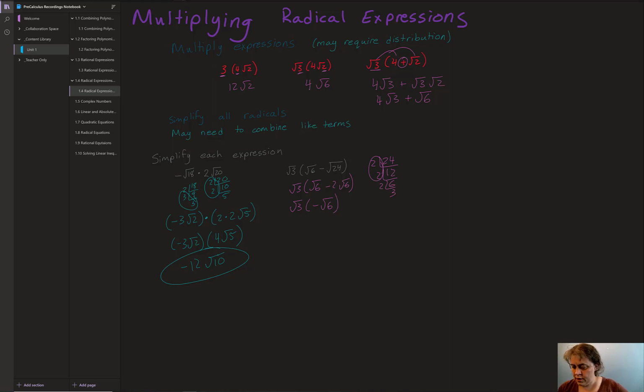So then this gives me negative square root 18. And I can factor tree that. 18, which is 3, 9, 3, 2, whatever. And I can pull that out: negative 3 square root 2. Oh, that was so much nicer than doing it the other way. Can you do it the other way? Totally, 100%, perfectly fine to do the multiplication and then do the simplification. I just don't like making big trees.